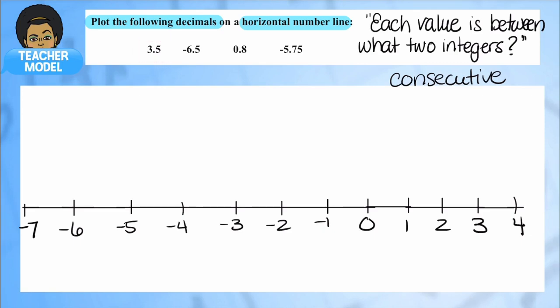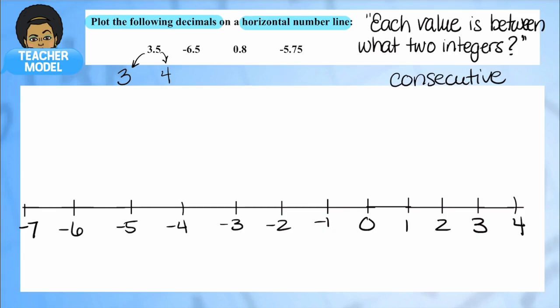So I know that 3 and 5/10 is absolutely between 3, because it's greater than 3. So I already know 3. And think for a minute, would it be between 2 and 3 or 3 and 4? Common sense tells us it has to be between 3 and 4 because it's greater than 3. 3 and 4 are consecutive numbers.